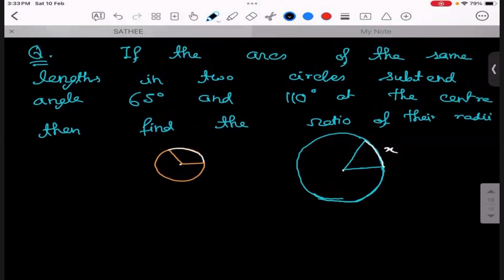Now, according to the question, this angle is 65 degree and this angle is 110 degree.